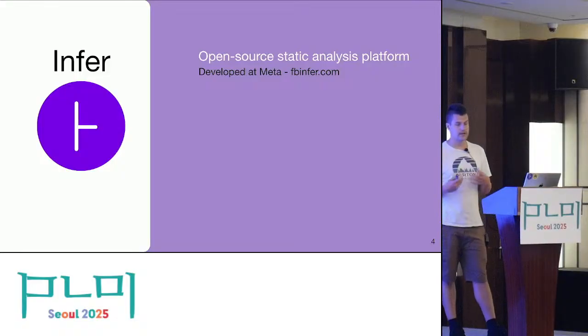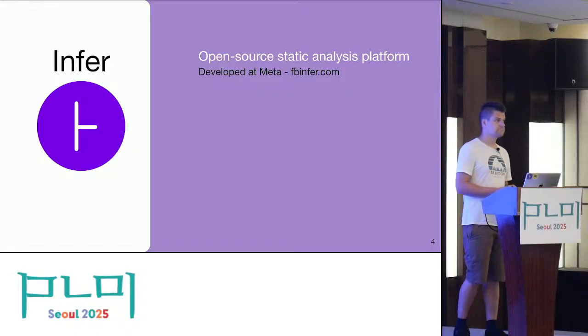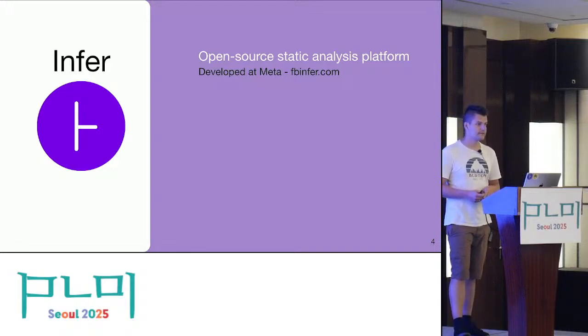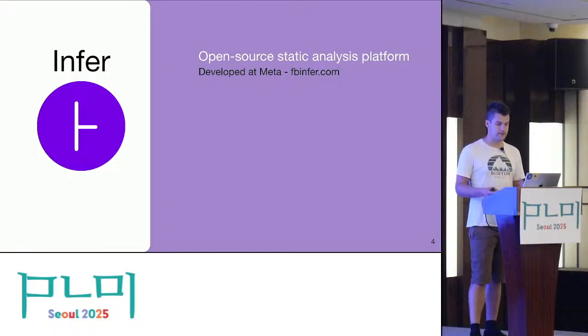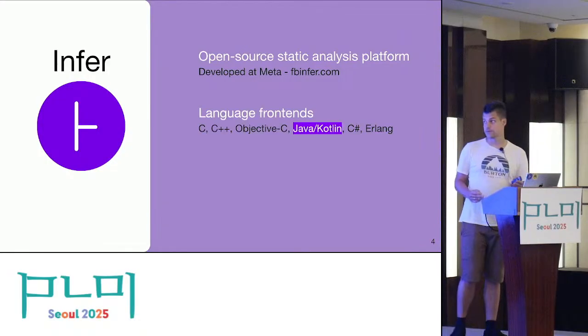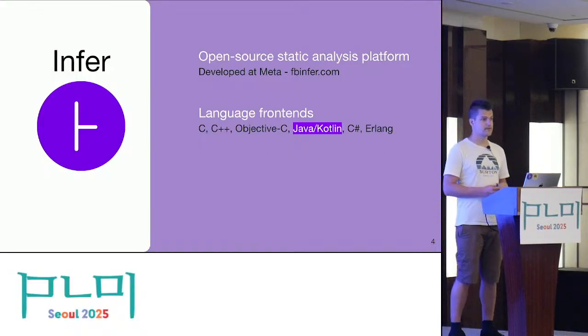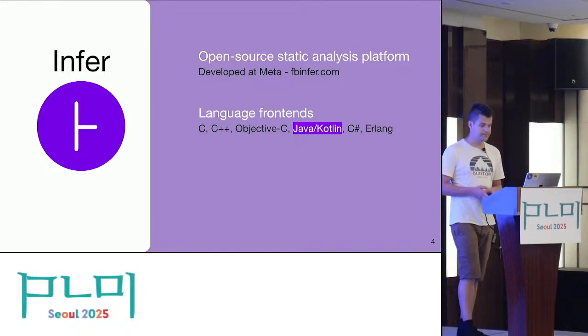So we turn to our in-house static analysis platform, Infer. It's developed at Meta. It has been running for more than 10 years, finding thousands of bugs every month at a large scale. And Infer supports multiple languages, including Java and Kotlin, which is great because that's what WhatsApp Android is primarily written in.